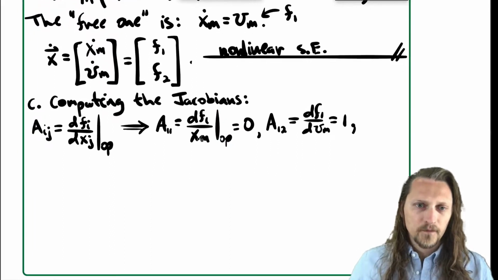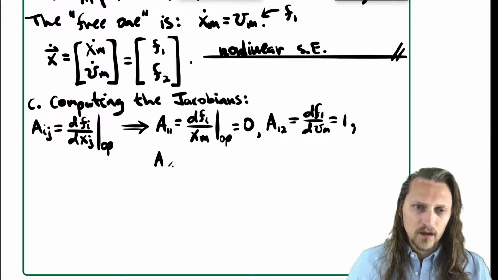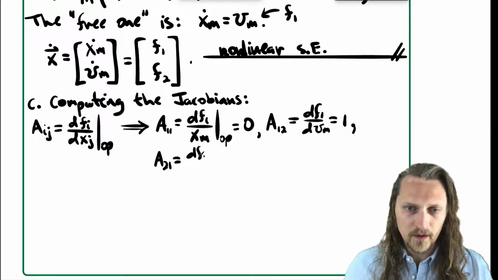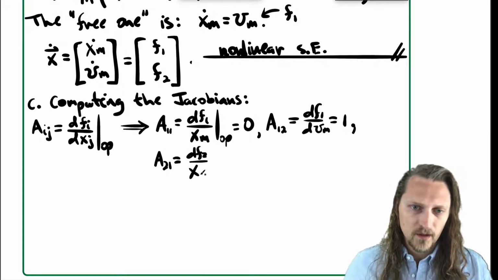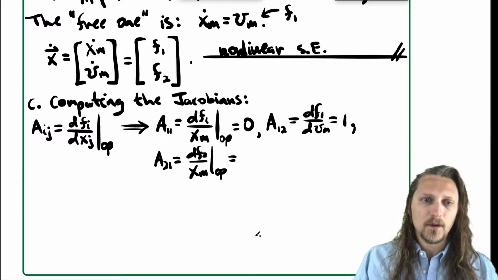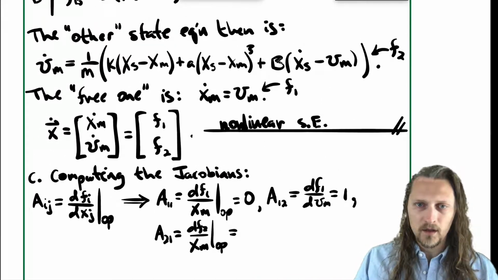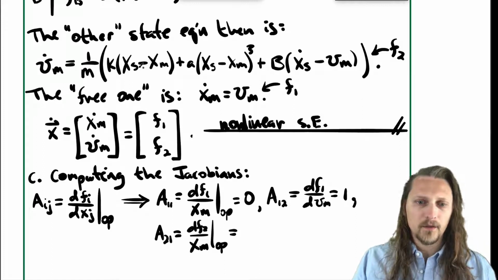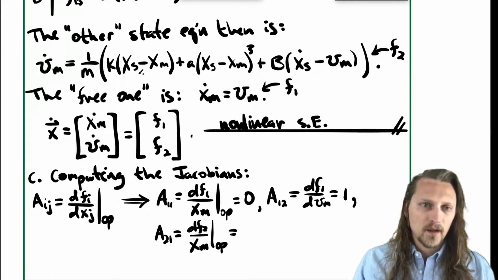The next one, A21, is equal to the derivative of f2 with respect to xm evaluated at the operating point. If we look at f2, which is this long right-hand side of this equation, we need to look for the terms that have xm.